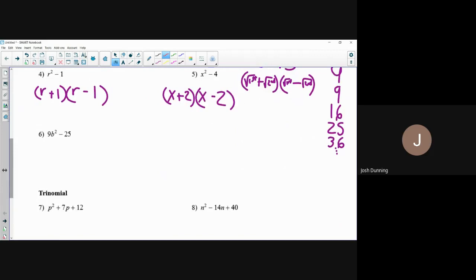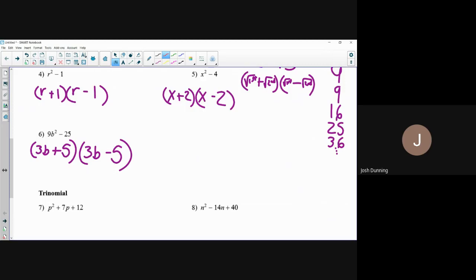Number 6, well, we got a 9 with the b squared, but that doesn't change anything. The square root of 9 is 3, so you just stick the 3 with the b. So 3b plus 5, 3b minus 5. And you could write the minus first. It doesn't matter, as long as you have one of each.